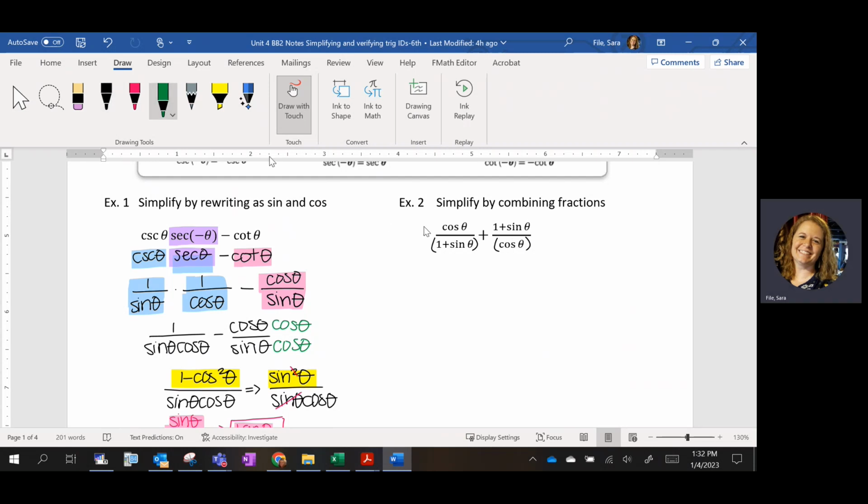So the fraction on the left is going to have to get multiplied by cosine theta in both the numerator and denominator. And the fraction on the right is going to have to get multiplied by 1 plus sine theta in both the numerator and denominator.